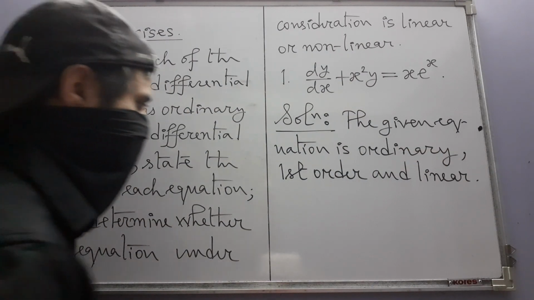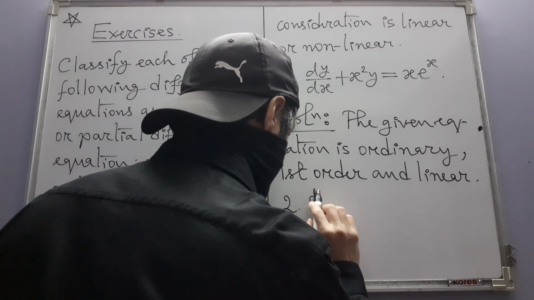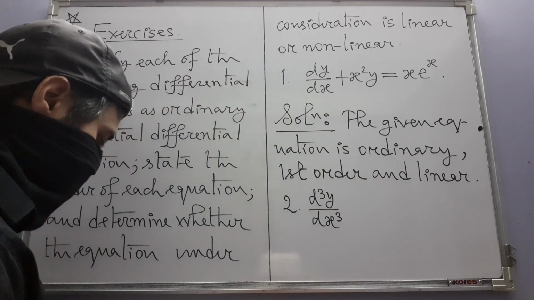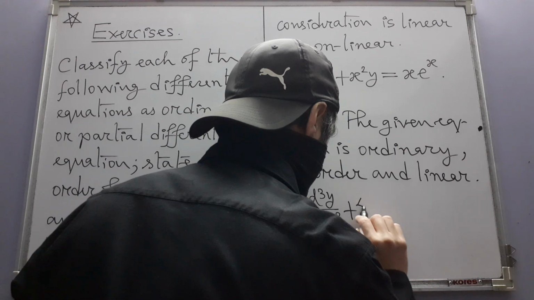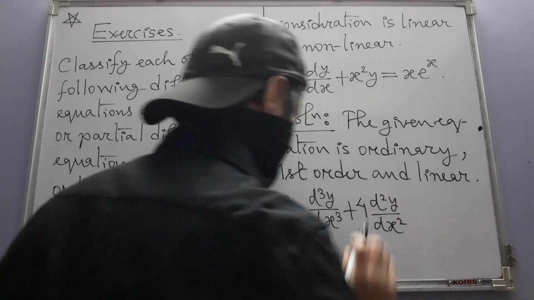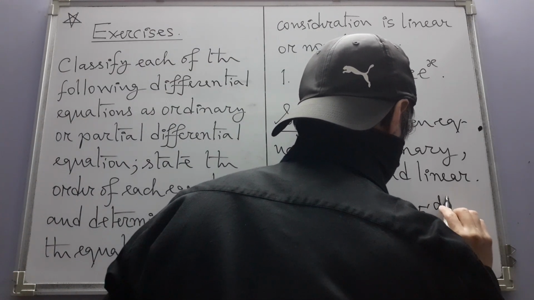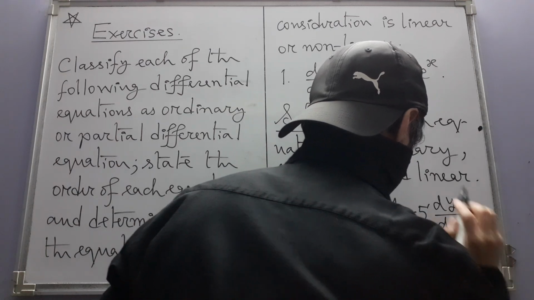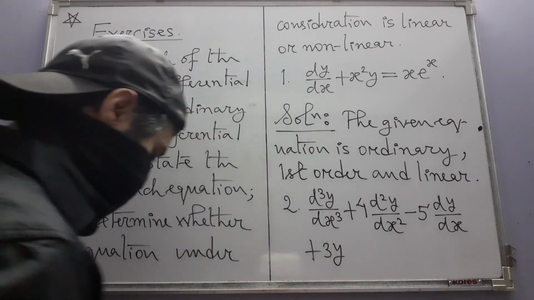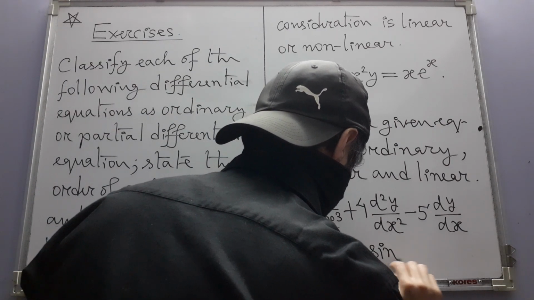Okay, so that's the first one. Let's see the second one. So here we see the third derivative plus 4 times the second derivative minus 5 times the first derivative plus 3y is equal to sin x.